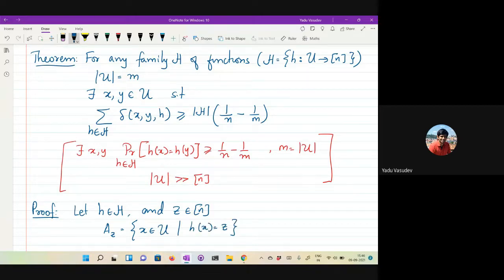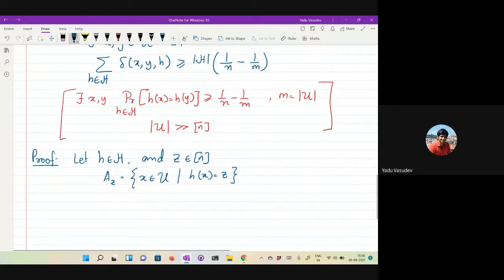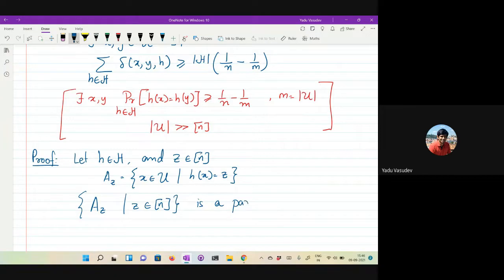All the pre-images of z given by the hash function h. If you look at the collection A_z where z is in n, this is a partition of the universe. Correct? You look at all possible elements in n and their pre-images, and it forms a partition.